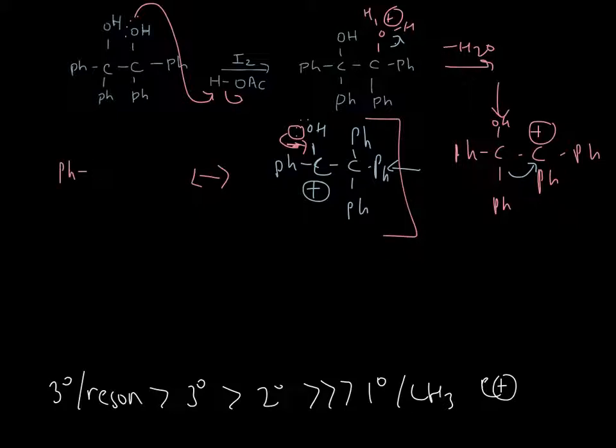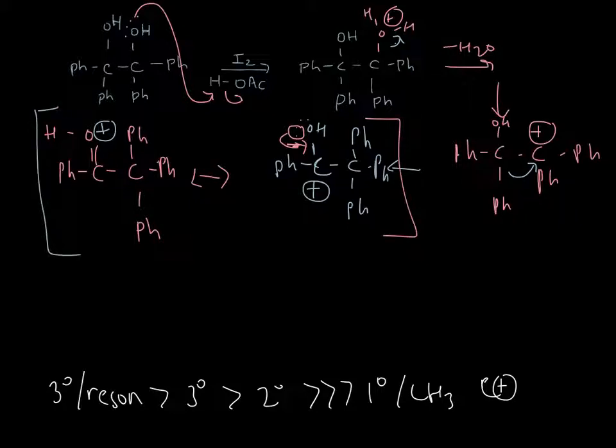I still have the phenyl here. Carbon is now double bonded to the oxygen, which is still bonded to the hydrogen, bonded to a carbon, which is still bonded to the 3 phenyls. And notice that now we have the positive charge on the oxygen because oxygen has this extra bond with carbon, and oxygen usually wants to form only 2 bonds. Now that it forms 3 bonds, we have a positive charge. Okay, let's close our bracket to show that this is our resonance structure.